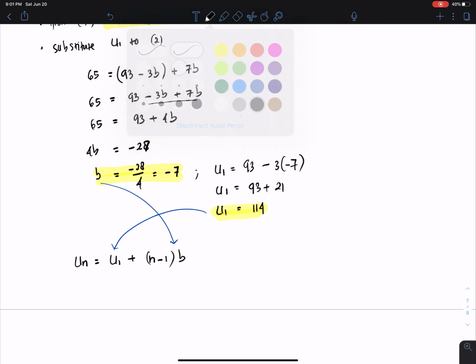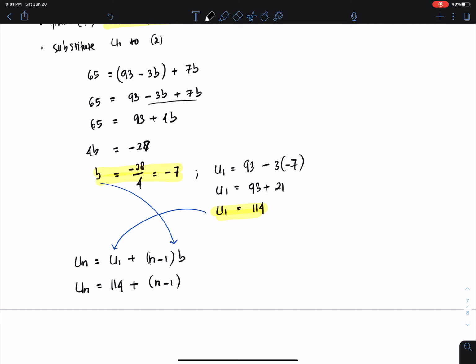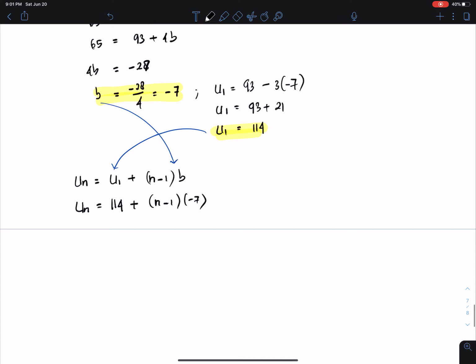We are going to have Un equal to 114 plus (n minus 1) times minus 7. So we can solve this equation. Un equals 114 minus 7n plus 7, and Un is equal to 121 minus 7n. Okay, so now we are done and have the Un.